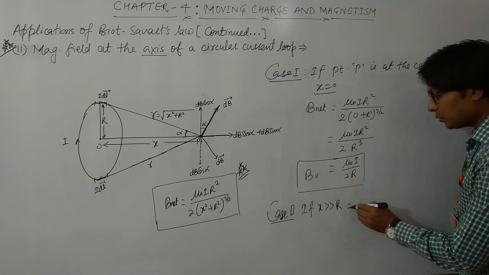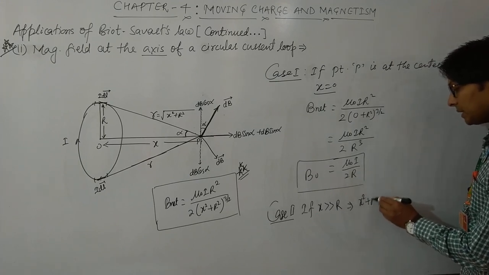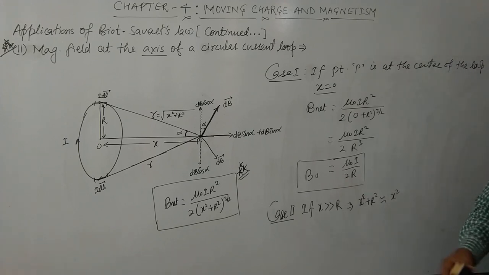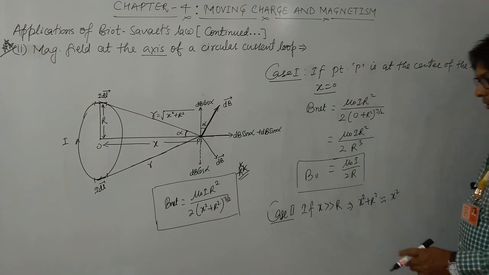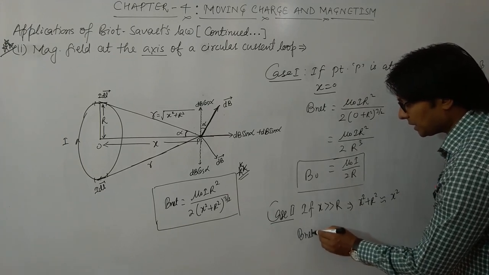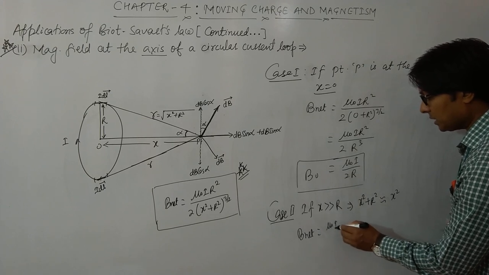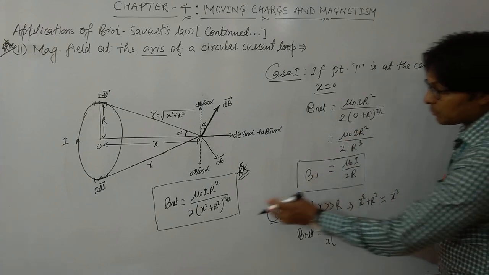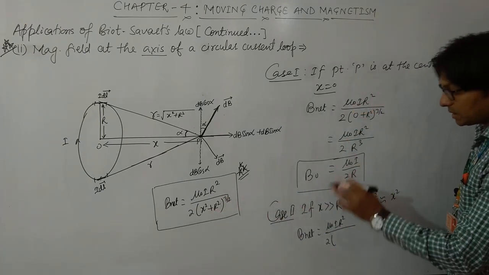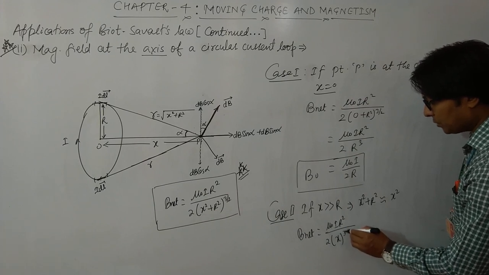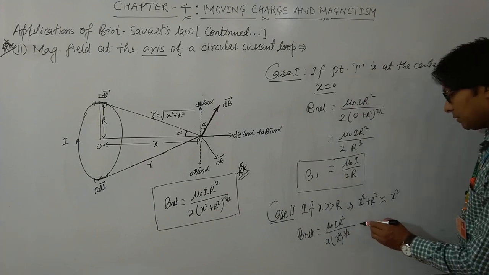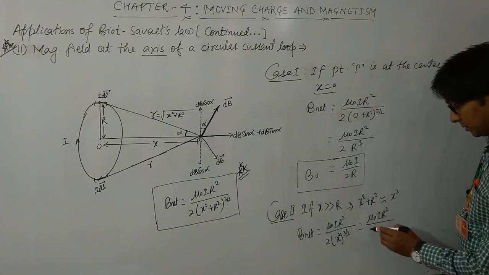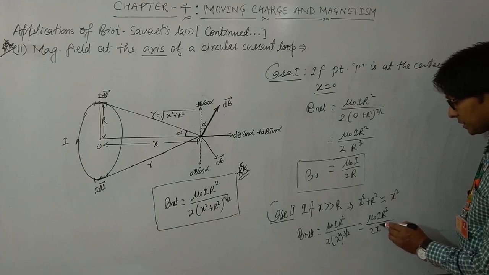So what we will do, x square plus R square is approximately equal to x square in this case if x is very much greater than R. So now B net is equal to mu 0 I R square upon 2, and in place of x square plus R square we have to put only x square, so x square raised to the power 3 by 2, and it will become mu 0 I R square upon 2x cube.